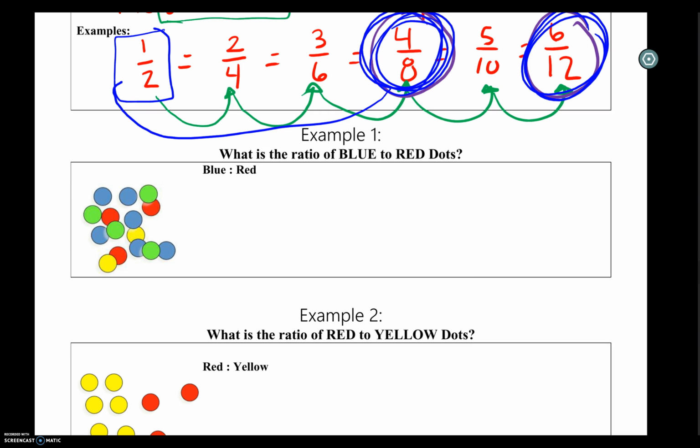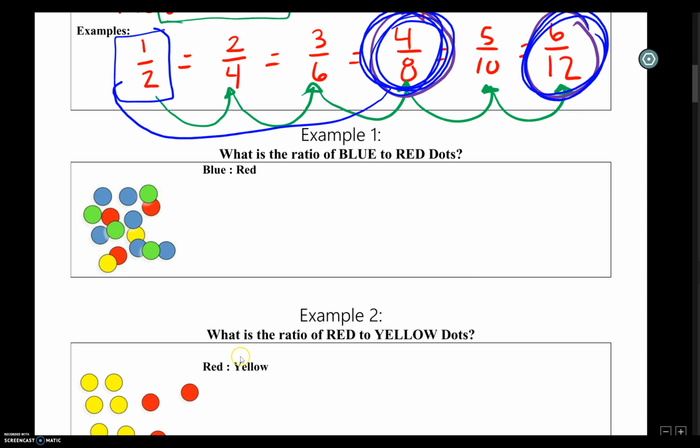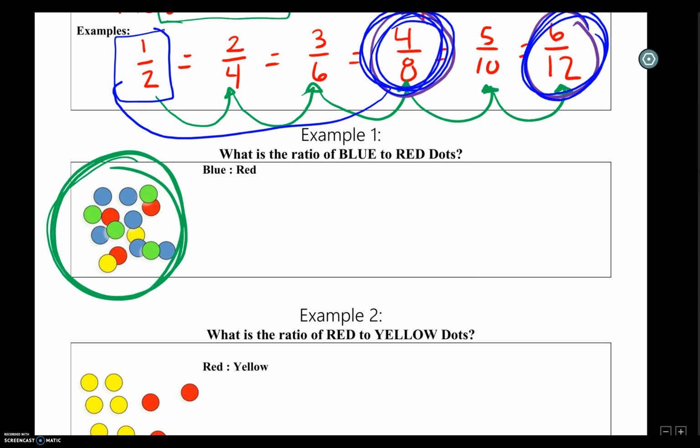Okay, so now we're going to go on to example 1, 2, and simplifying ratios. But for example 1 and 2, I'm going to have to pull up a different screen so that you can see. If you notice, for example 1 and 2, I have some colored dots here. What we're asking for is the ratio of blue dots to red dots.